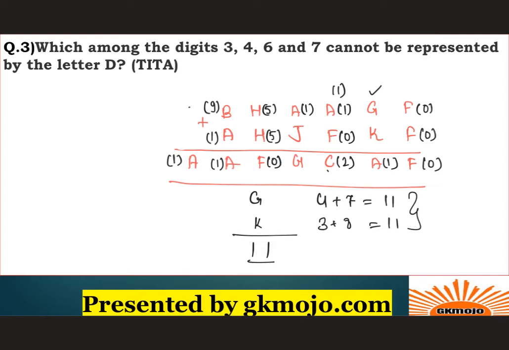So if this is either 4 or 7, then over here 1 plus j equals g, so j can be either 3 or 6 if this is the case for g comma k. So both 3 and 6 are possible for j.